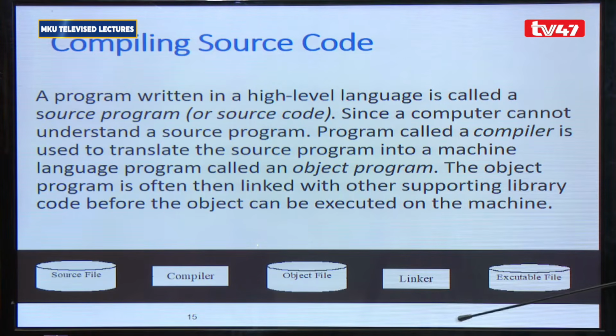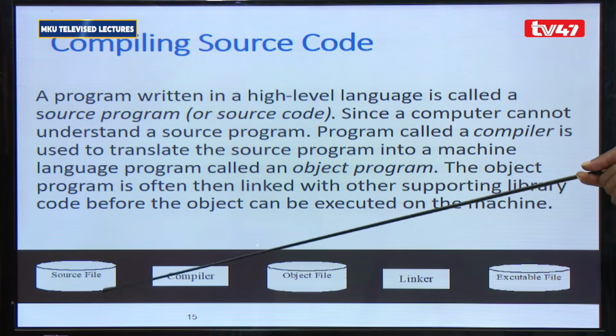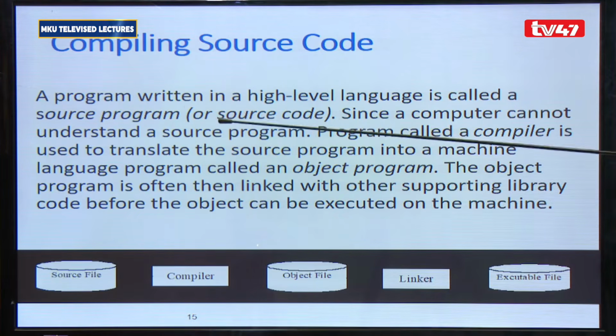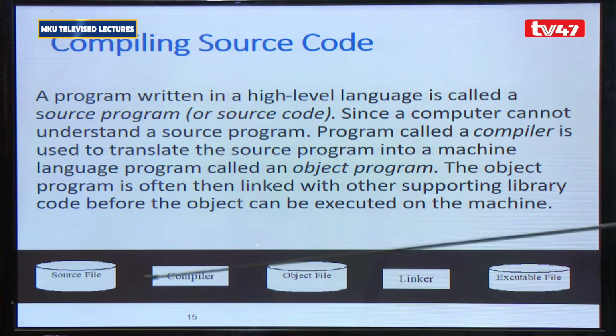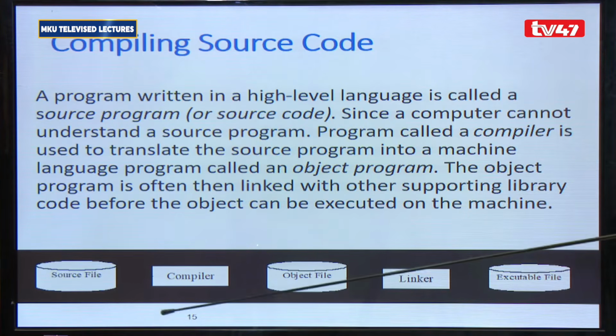During the process of compiling the source code to produce object code, several things happen. For example, you have the source file, and you save your source code somewhere in the hard disk or in a flash disk or any storage device. We have a translator here, which is called a compiler.